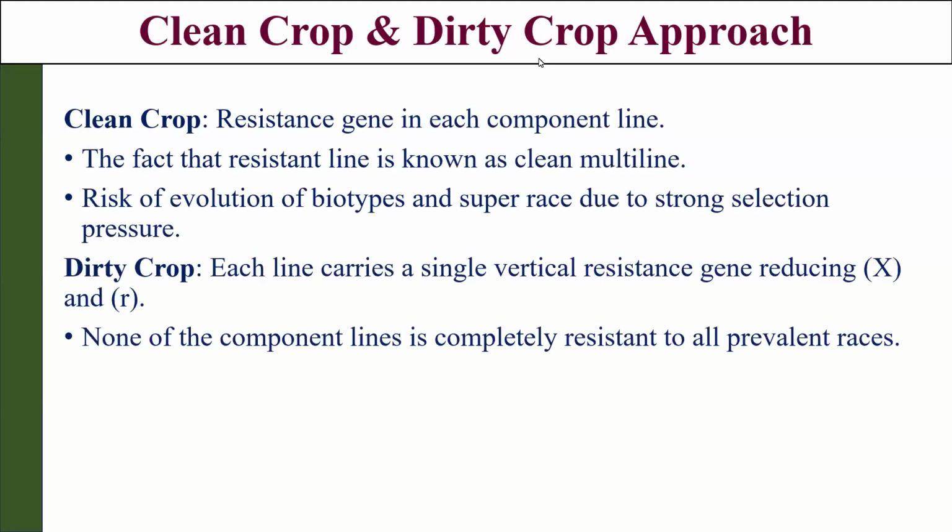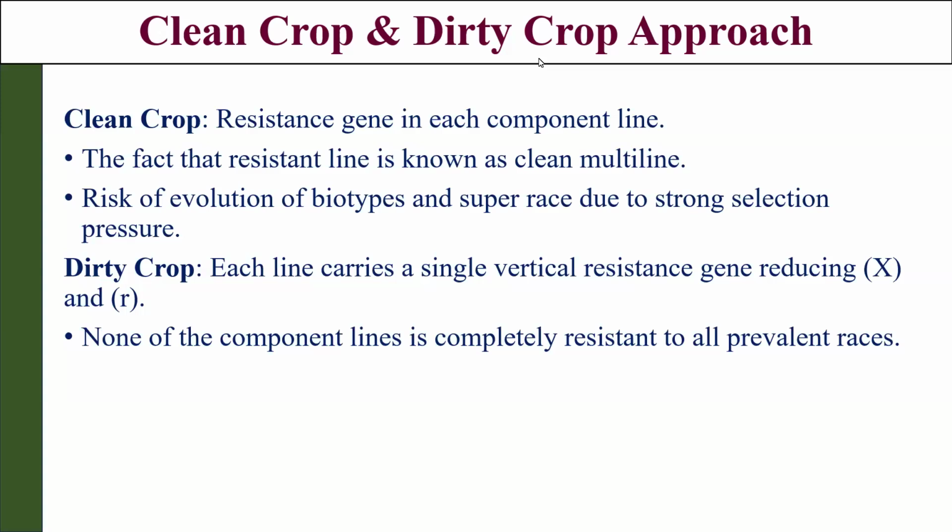Then there are two different approaches, called the clean crop approach and the dirty crop approach. The clean approach means every component has all the resistant genes, in all the lines, and it is very clean from the point of view of inoculations.